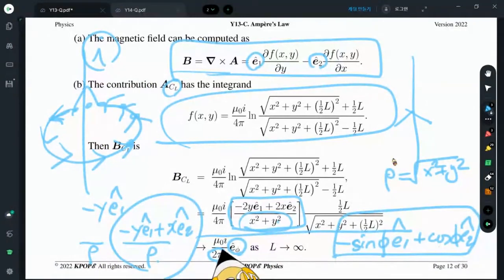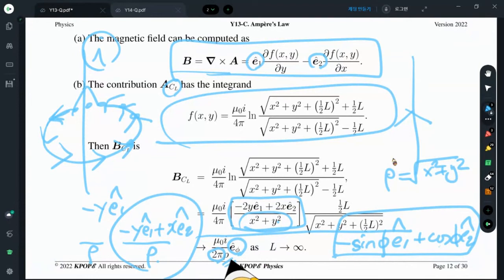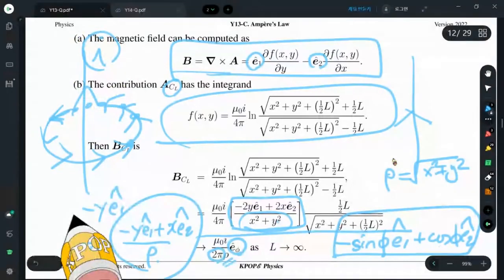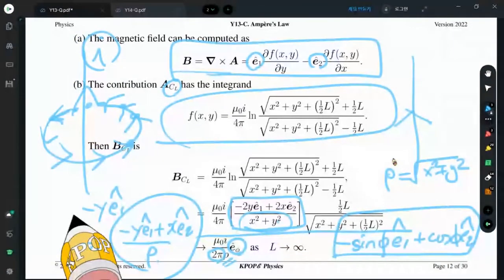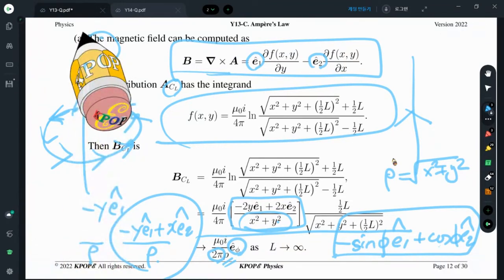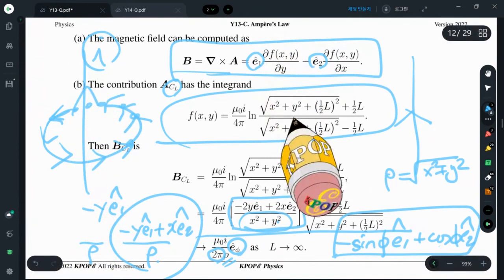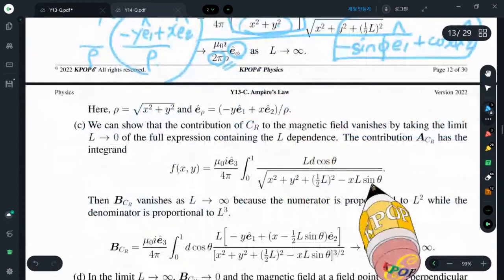And the strength of the magnetic field is decaying as 1 over rho. The reason why we do not have 1 over rho squared is because one dimension has been integrated out. So the problem becomes a two-dimensional case, and inverse square law integrated over a straight path along a single dimension becomes just 1 over rho style, a two-dimensional problem.